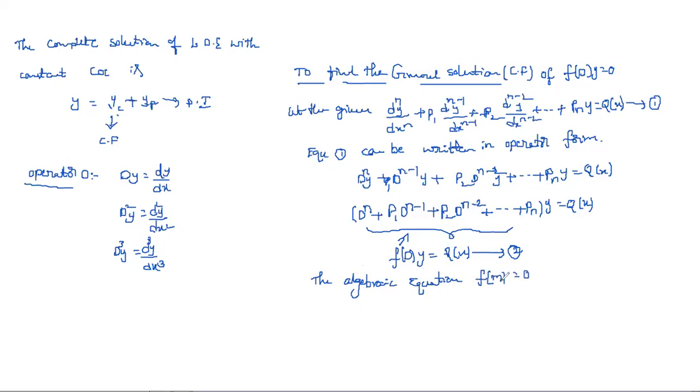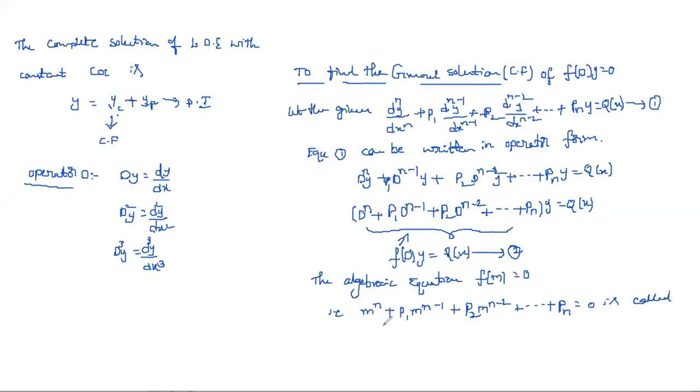It means simply, in place of D we substitute m: m power n plus p1 into m power n minus 1 plus p2 into m power n minus 2 plus and so on plus pn is equal to 0. So this is called the auxiliary equation.